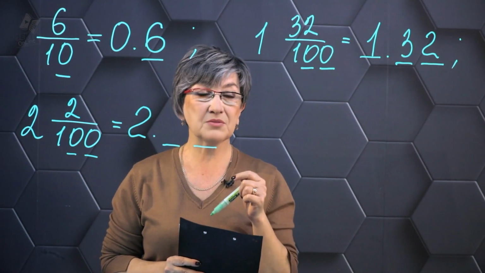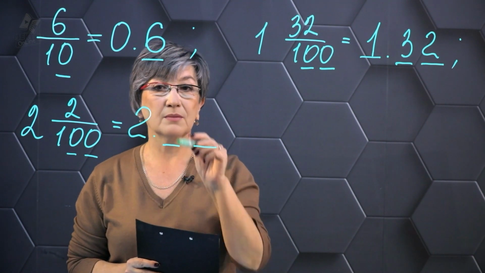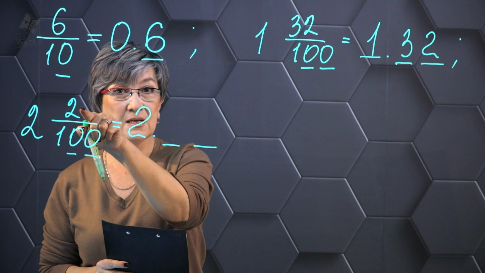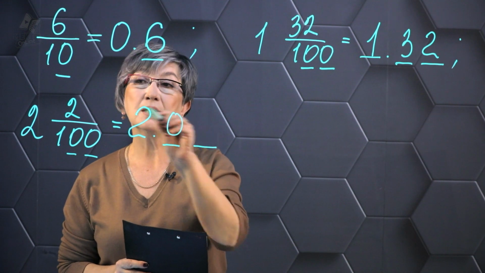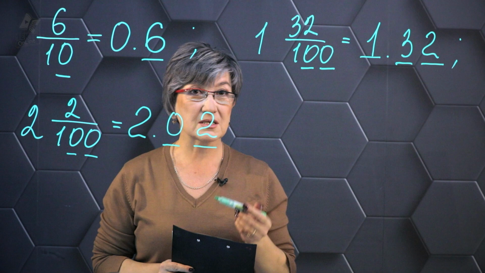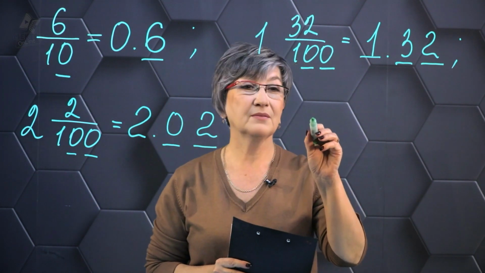So how am I supposed to write down this decimal fraction? If I'm missing a digit in the numerator, I write 0 first. And then I write our numerator. That makes 2.02.